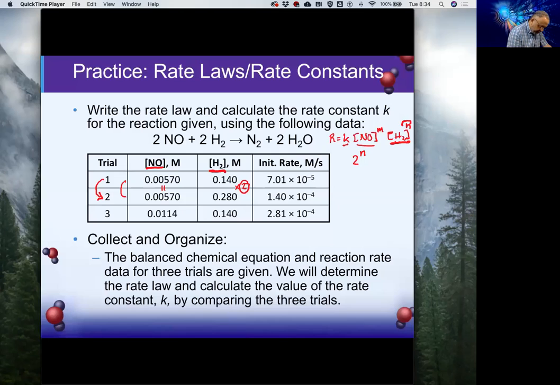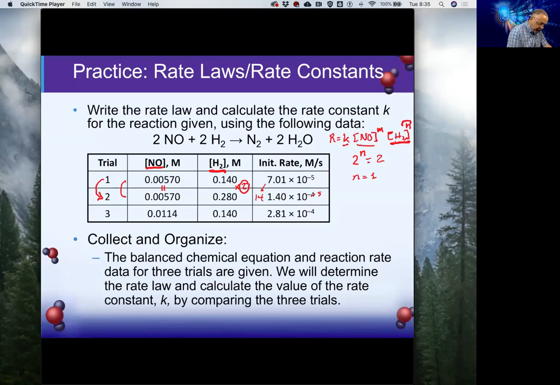So when I look at this, it is 7. If I make this 10 to the minus 5, then this will be 14. So I have gone from 7 to 14, it has doubled. So the effect is going to be doubling. That means that n is equal to 1. And that way I figure out what the n value is.